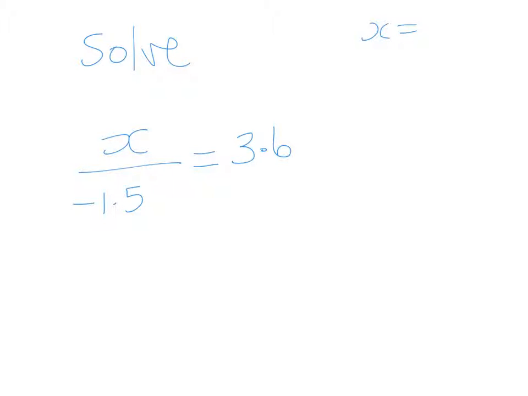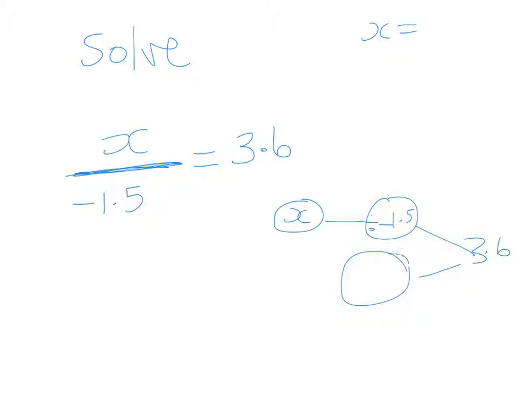Now I know some of you have been doing the bubble method for this, so you'd have x, and I'm dividing, because this means divide, dividing by negative 1.5, and I get 3.6. If I do the inverse, I multiply by negative 1.5. So I need to do 3.6 multiplied by negative 1.5.